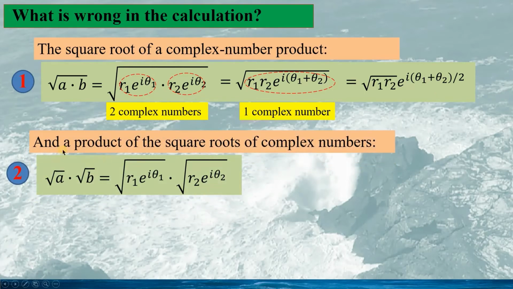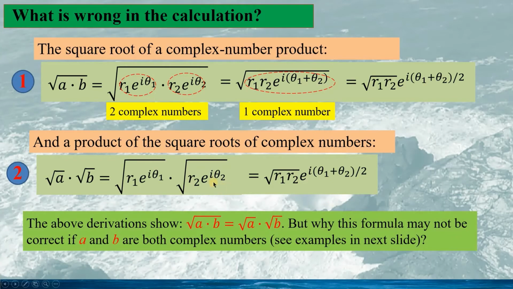And then we would have a look at the product of the square root of the complex numbers. Here, square root of a times square root of b. So we have the expression as this and this. And then we can times this out. We have the result as this.